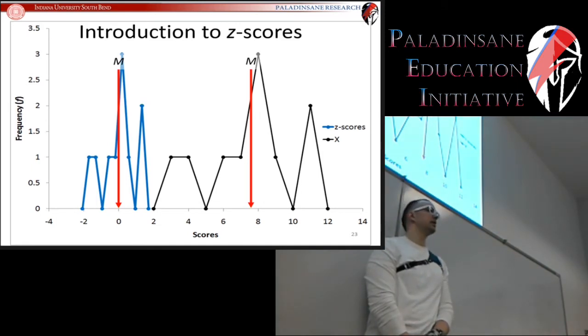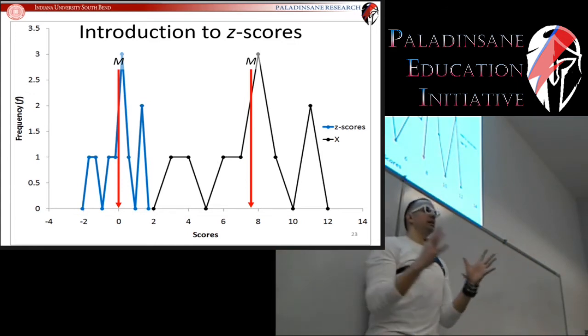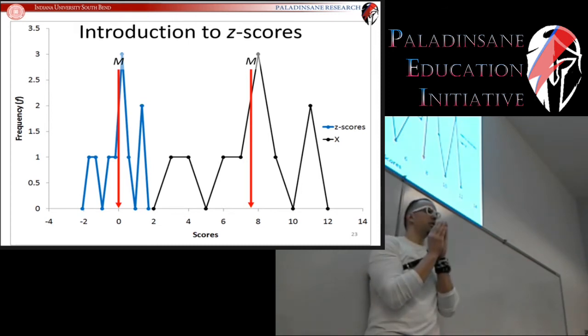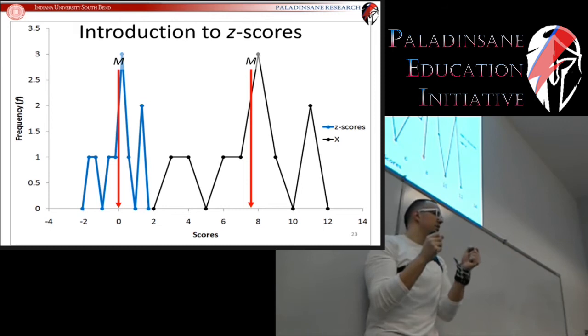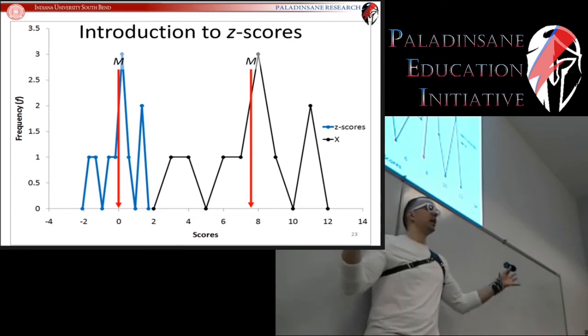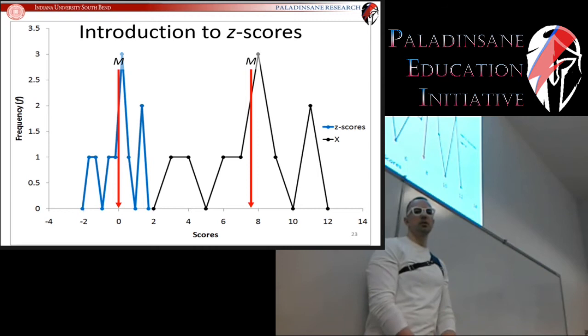The other thing it does is if your distribution is too wide, it squeezes it so that your standard deviation for your z-score distribution is equal to 1. If your raw scores are too narrow, it'll stretch it out so that the z-score standard deviation is 1. So that's what the transformation does. It moves your entire distribution so that the new mean is 0, and then it stretches or squeezes it so that the new standard deviation is equal to 1.